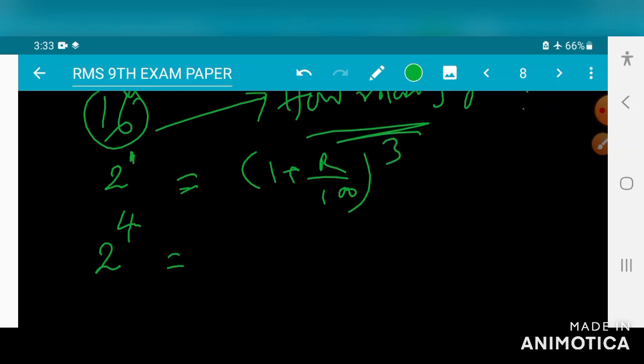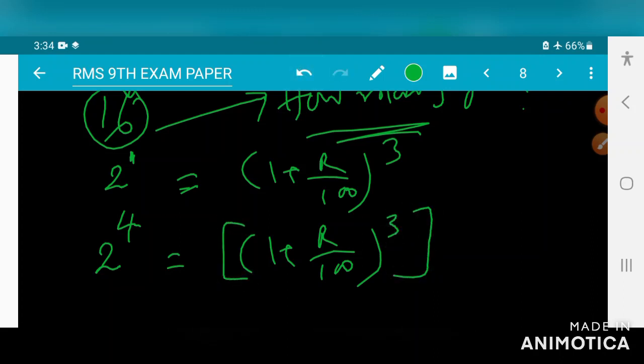Here it is 3, and 2 to the power of 4 here also. 2 to the power of 4 on the left, and on the right (1 plus r upon 100) whole power 3, which is already 3, whole power 4, right? I am just multiplying both sides by 2 to the power of 4.